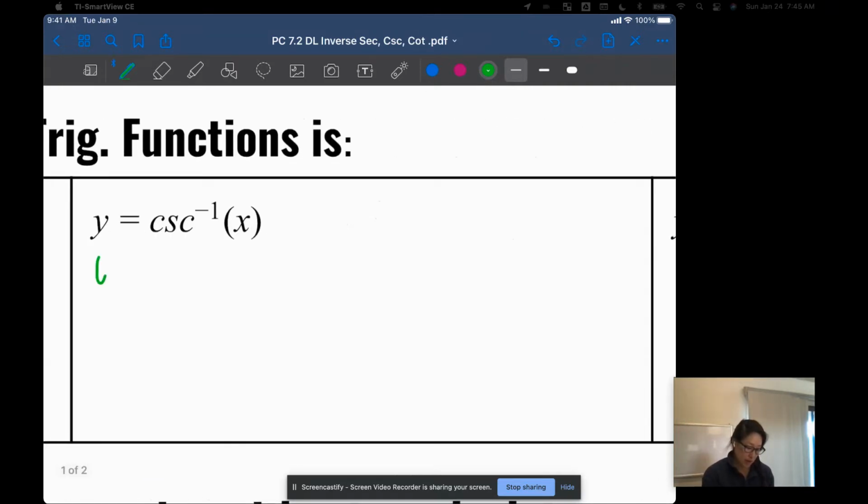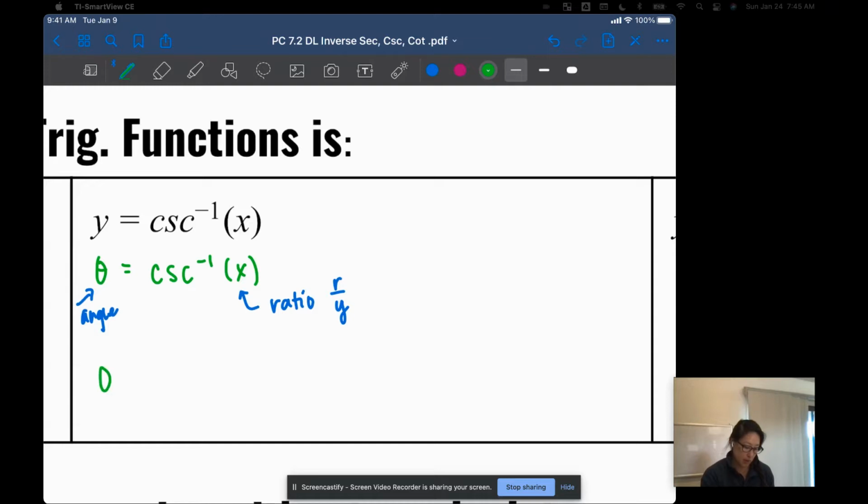Cosecant, we can write as theta is equal to the cosecant inverse of x, where the input is the ratio of sides. The ratio of sides for cosecant is r over y, since it's the reciprocal of sine, and the angle is what we're solving for.